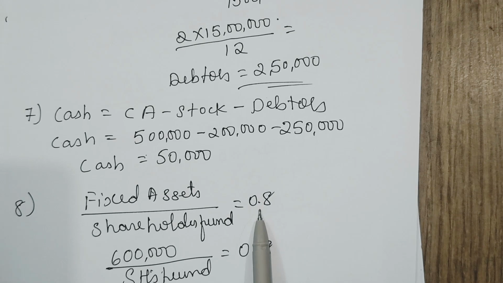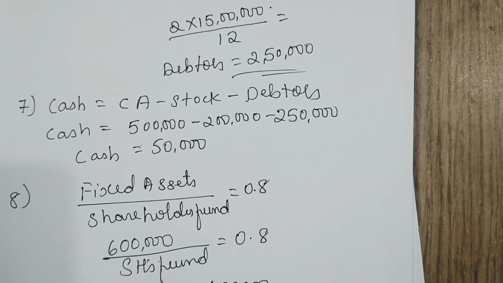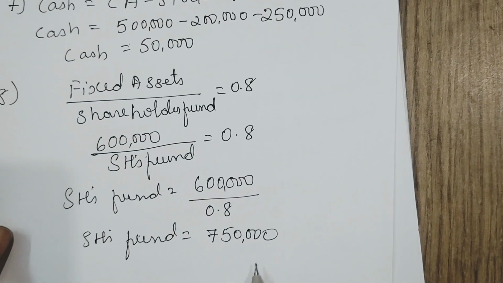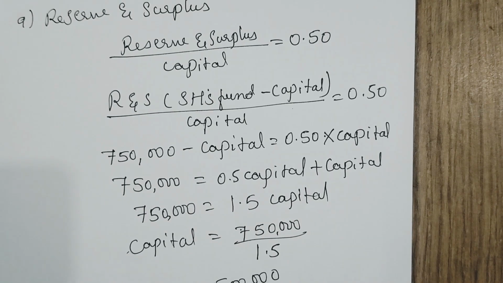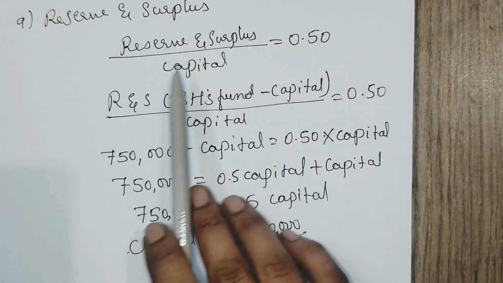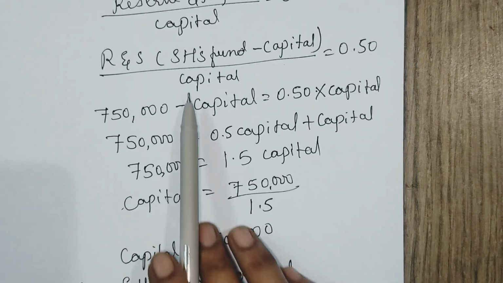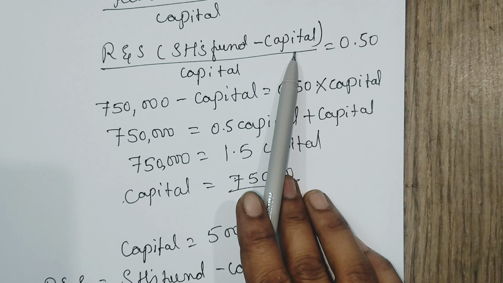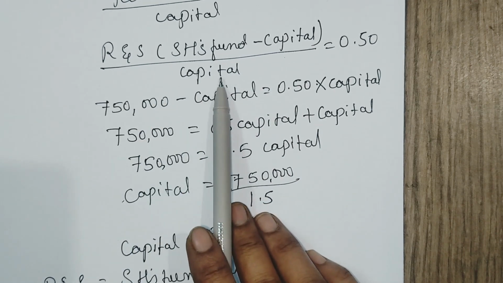Shareholders fund net worth is given, that is 0.8. 6 lakh is the fixed asset. 6 lakh divided by 0.8, shareholders fund is 7,50,000. Then we are finding the reserve and surplus. Reserve and surplus divided by capital is 0.50. From total shareholders fund, if you minus capital, we will get reserve and surplus. We need to find out capital first.